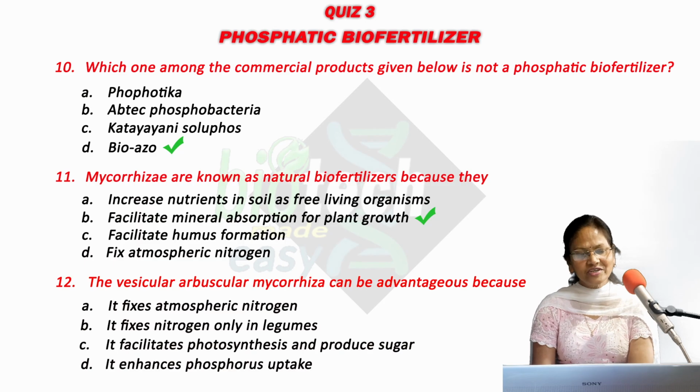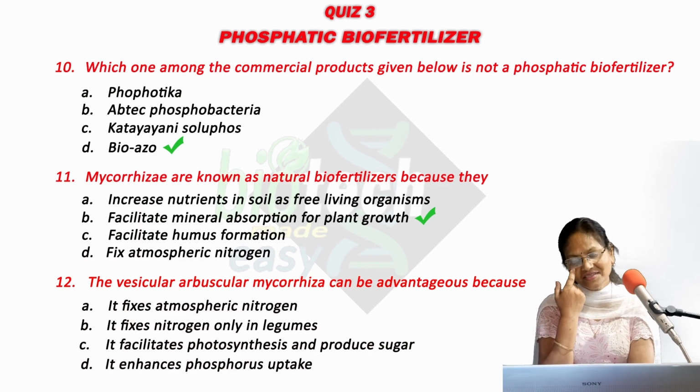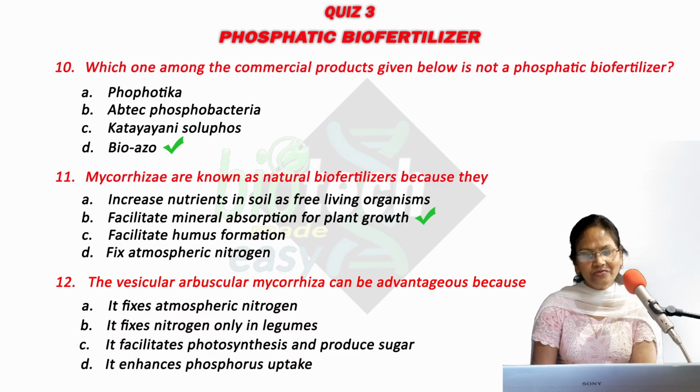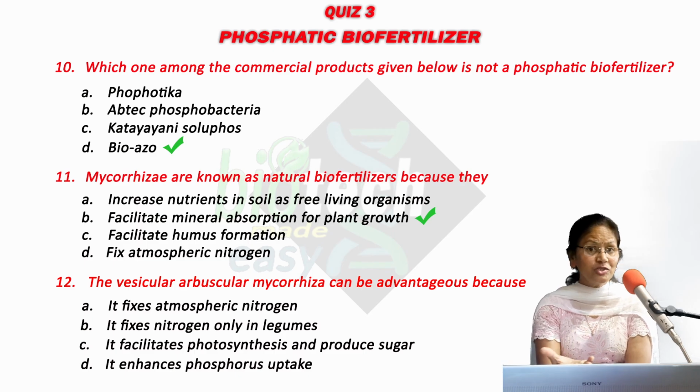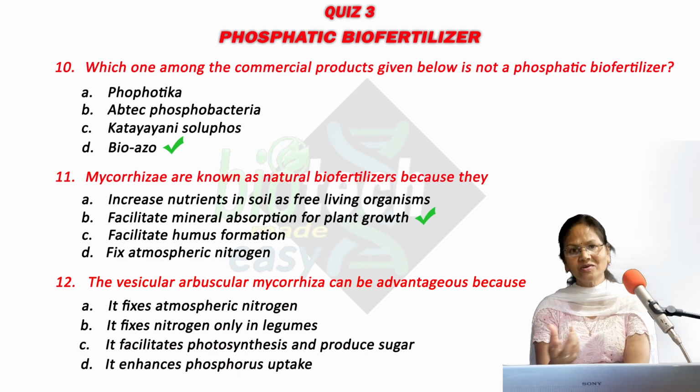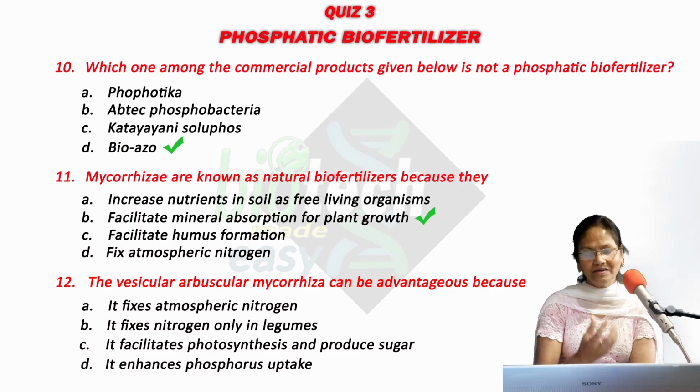And this is the last question. The vesicular arbuscular mycorrhiza can be advantageous because it fixes atmospheric nitrogen. Now, I have already told you that mycorrhizae do not fix nitrogen. They are not the type of microorganism present in the rhizosphere which can fix atmospheric nitrogen.